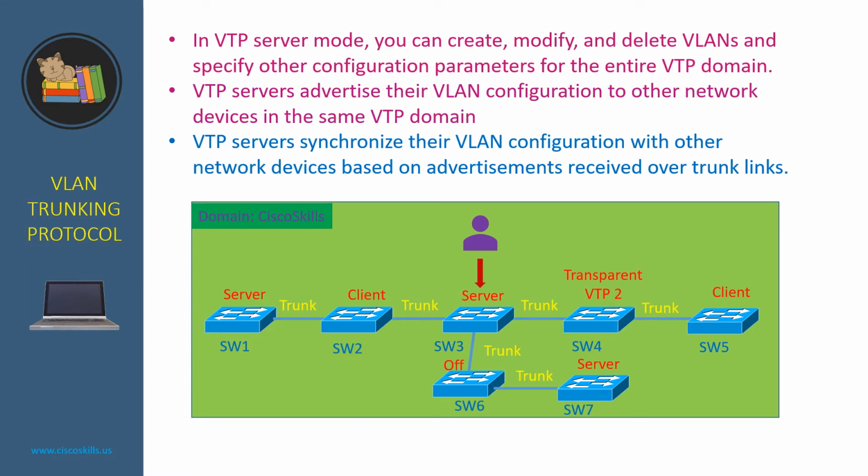VTP servers advertise their VLAN configuration to other network devices in the same VTP domain. VTP servers synchronize their VLAN configuration with other network devices based on the advertisements received over the trunk links.